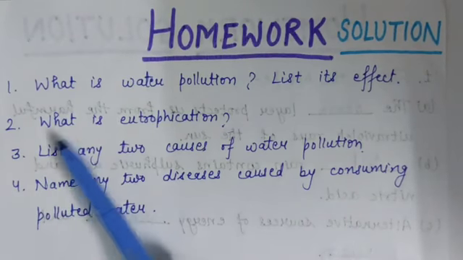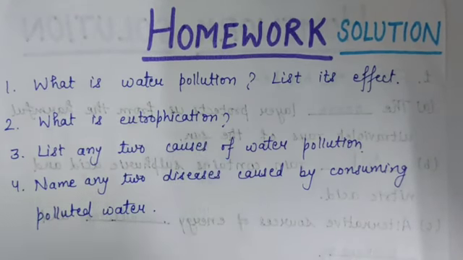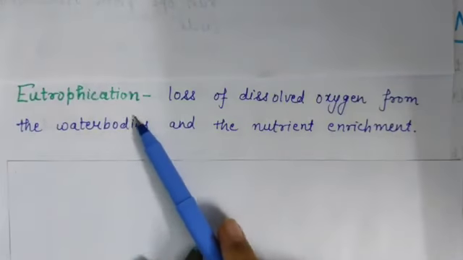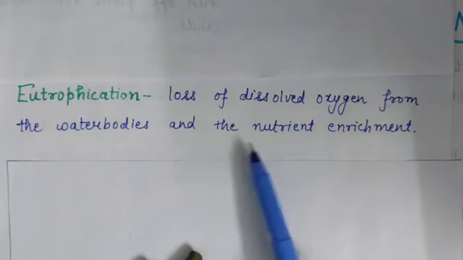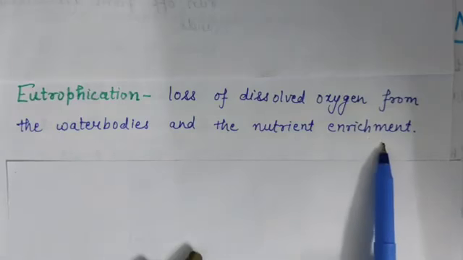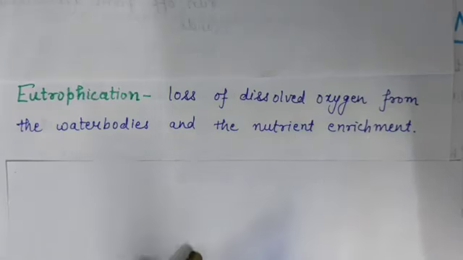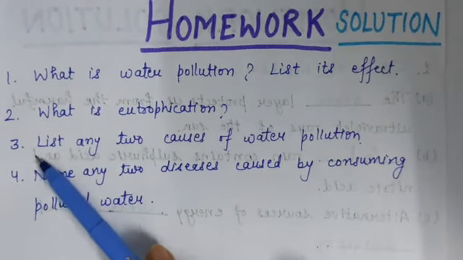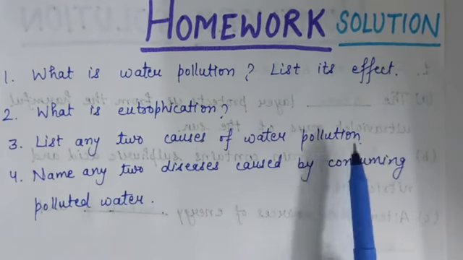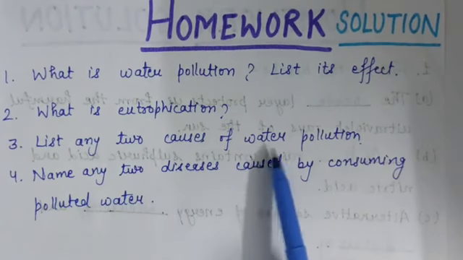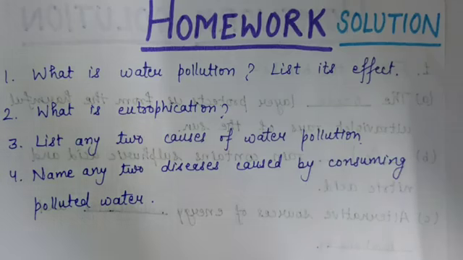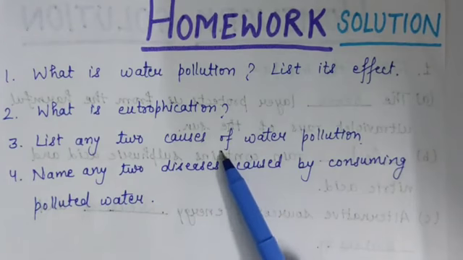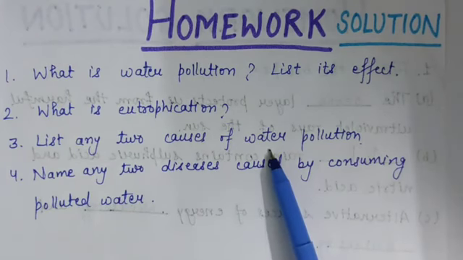Now second question, what is eutrophication? Answer is the loss of dissolved oxygen from the water bodies and the nutrient enrichment is called eutrophication. Third question, list any two causes of water pollution. So the two causes of water pollution are human activities and the toxic chemicals released from the factories.